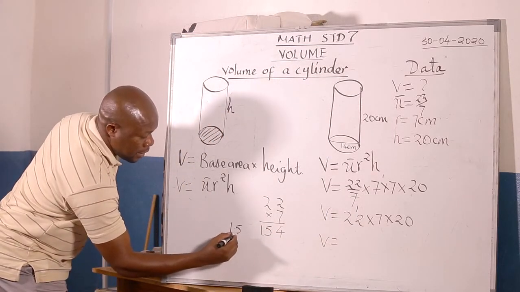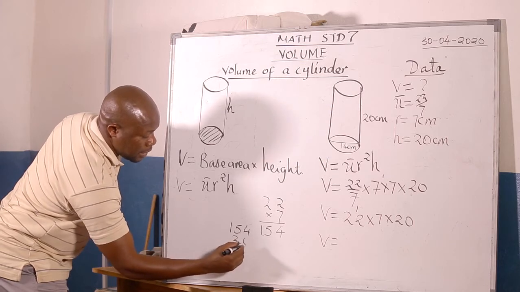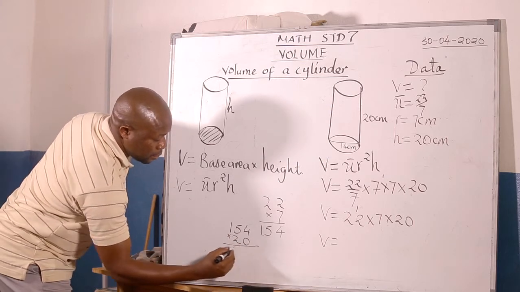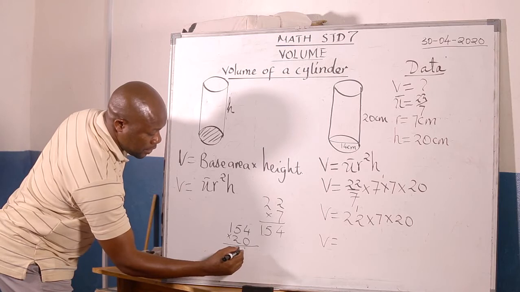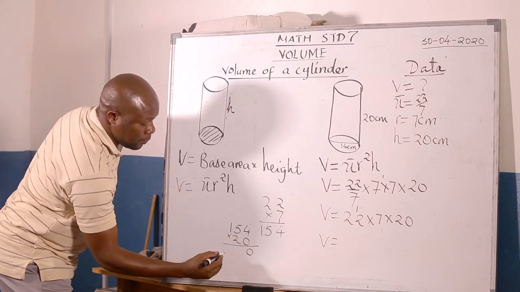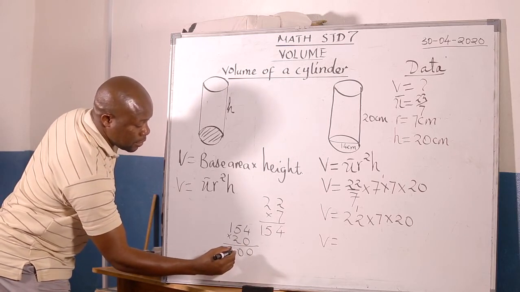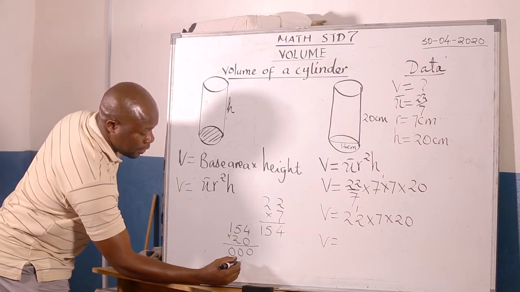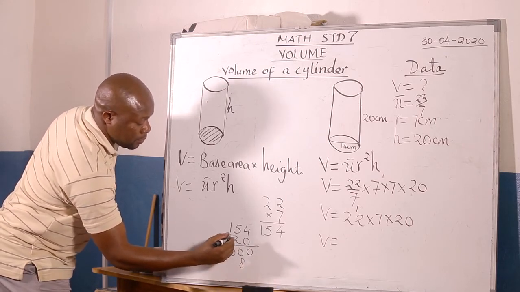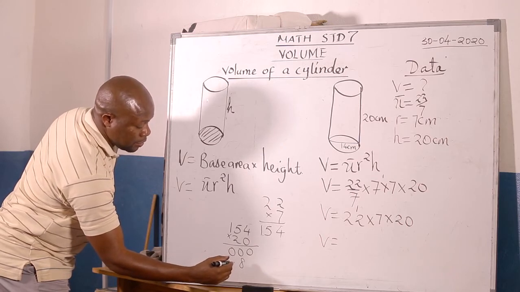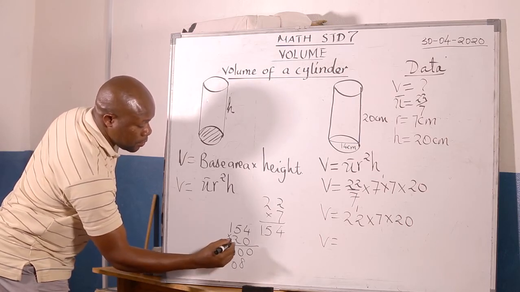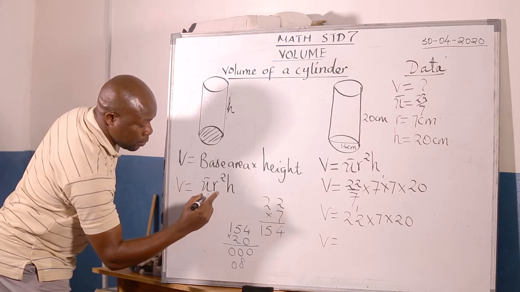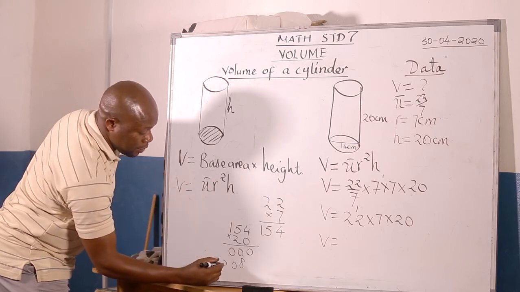Then there is 154 times another 20. So what is 154 times 20? 0 times 4 is 0. 0 times 5 is 0. 0 times 1 is 0. 2 times 4 is 8. 2 times 5 is 10. You write 0 and carry 1. 2 times 1 is 2 plus the one we carried is 3.